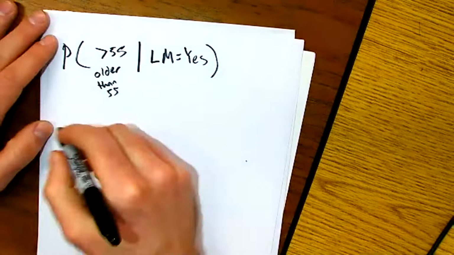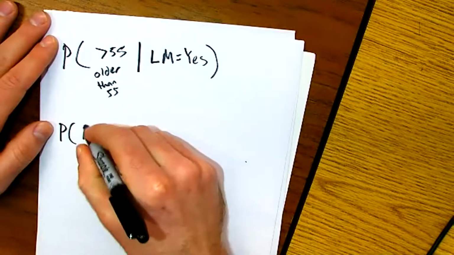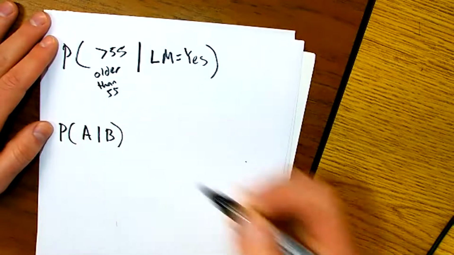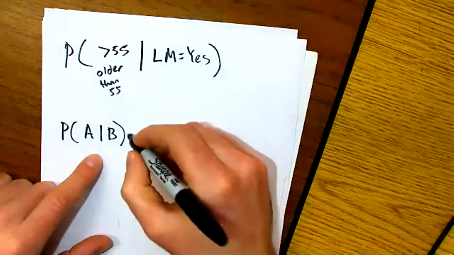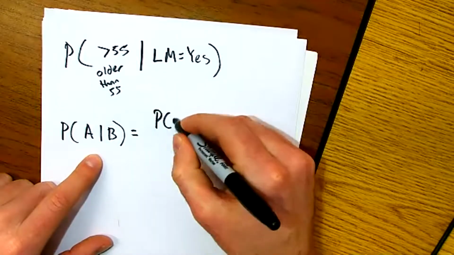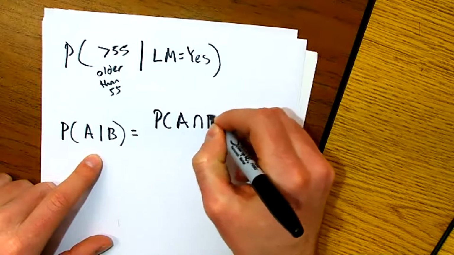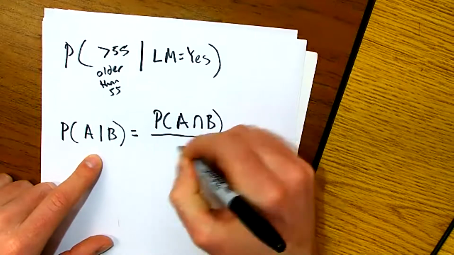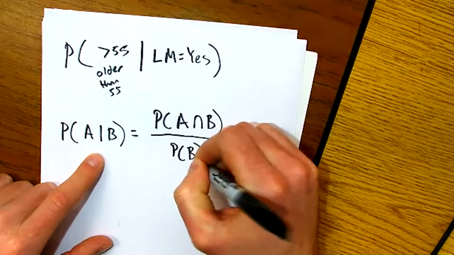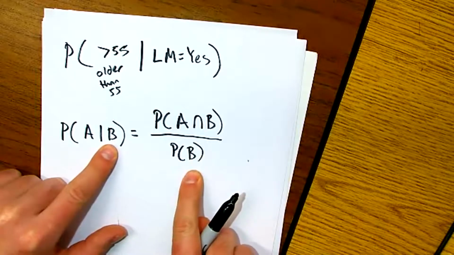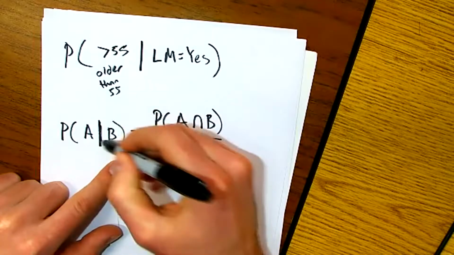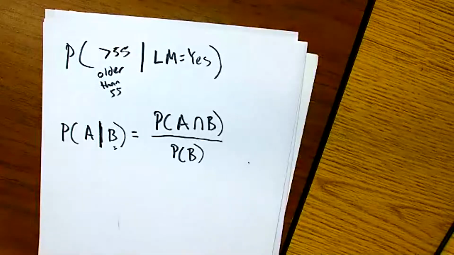The general form is that if I'm looking for a conditional probability, that's going to be the intersection of the two events divided by the probability of what I'm conditioning on. Remember, what I'm conditioning on is what's on the right-hand side here.